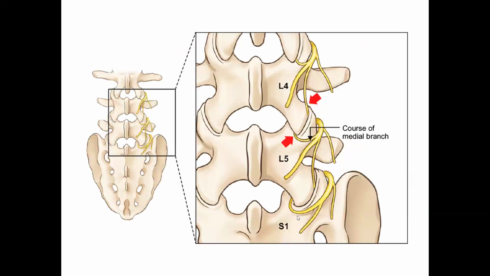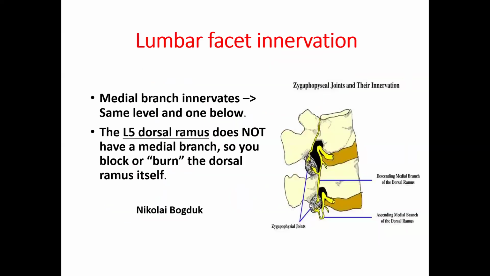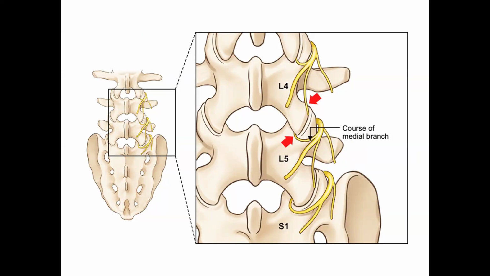Again, this is the L5 dorsal ramus. Each joint gets a nerve supply from a nerve from the same level and one from the nerve below. This is very important when you do your denervation. So for each joint, you have to burn two nerves.